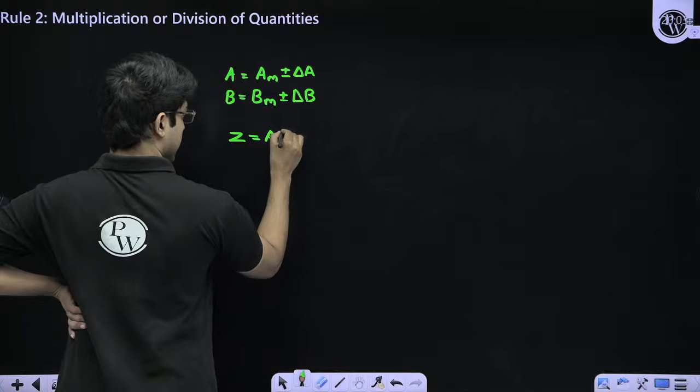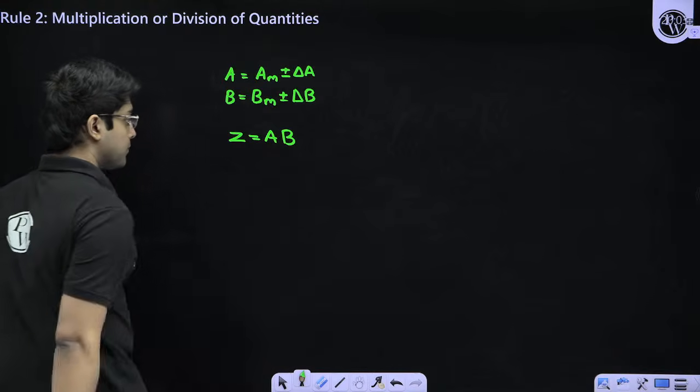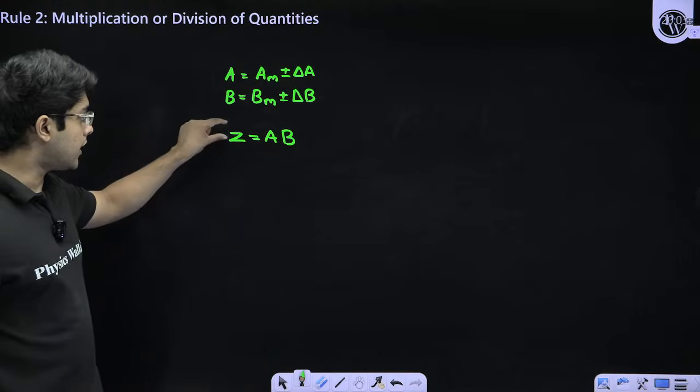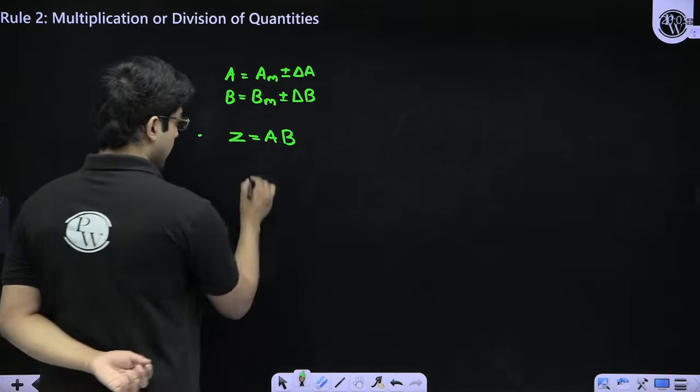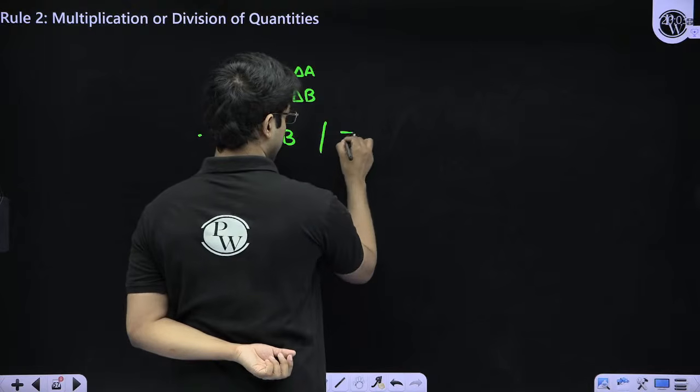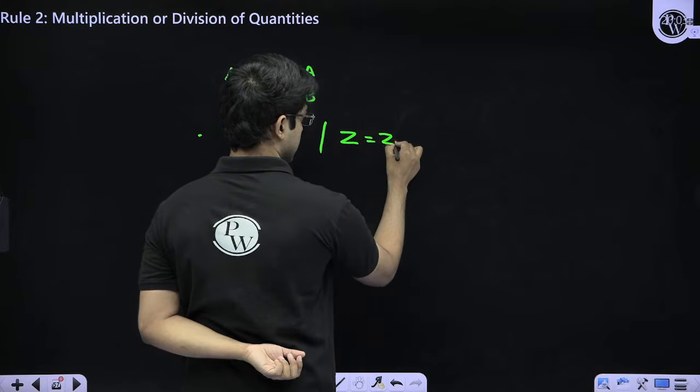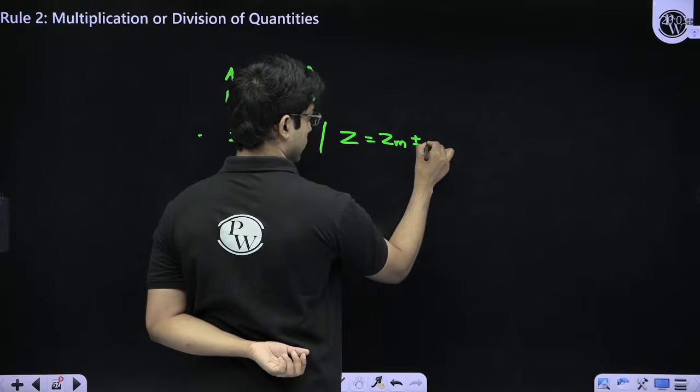So let's say we have another quantity A into B. So we are trying to find another quantity which we get by multiplying A and B. Okay, and this quantity Z, we can write it as ZM plus or minus delta Z.